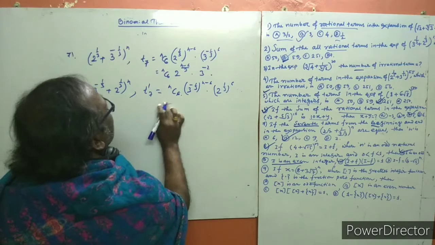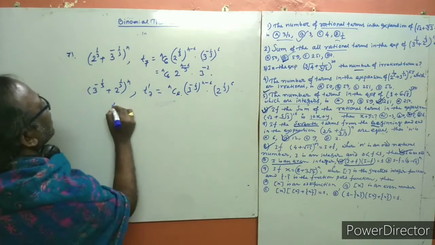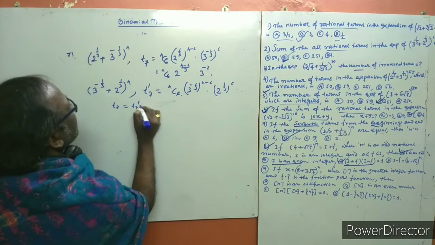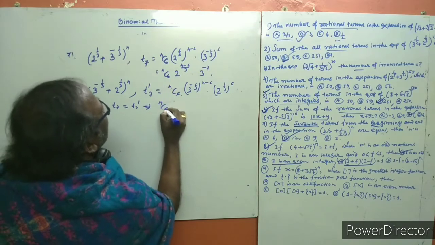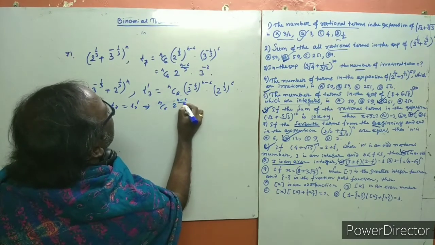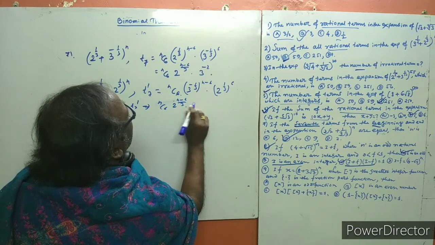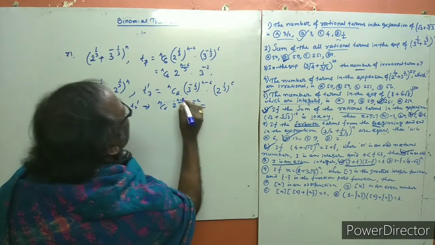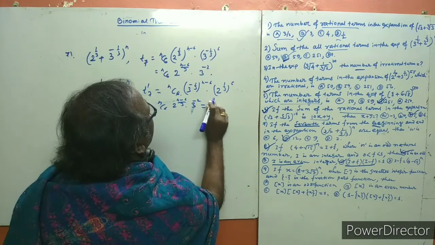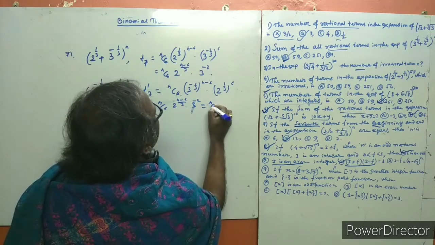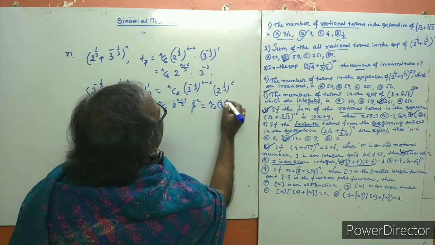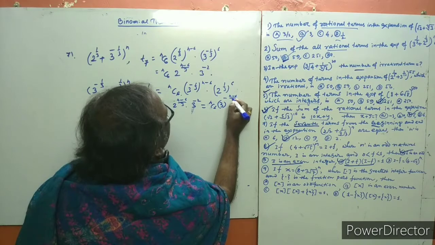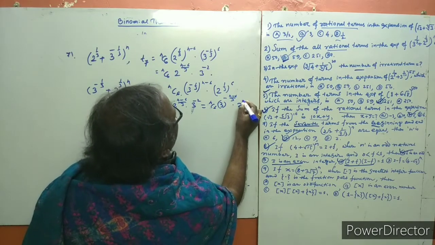Given the condition, both the seventh terms are the same. So we can write nC6 times 2 to the power (n minus 6) by 3 and 3 to the power minus 2, equal to nC6 times 3 to the power minus (n minus 6) by 3 and 2 to the power 2.